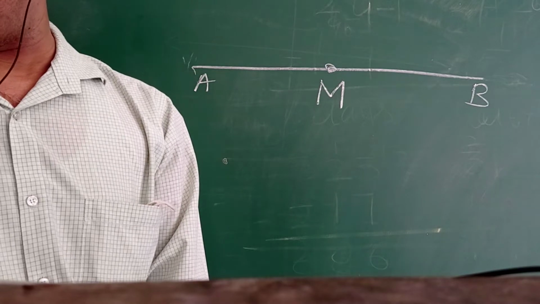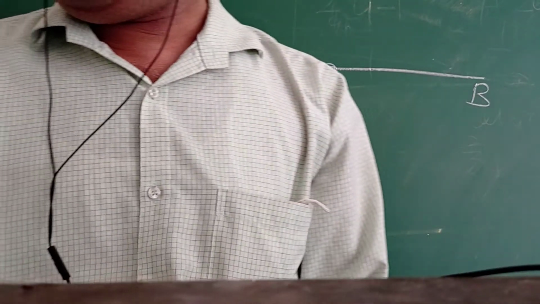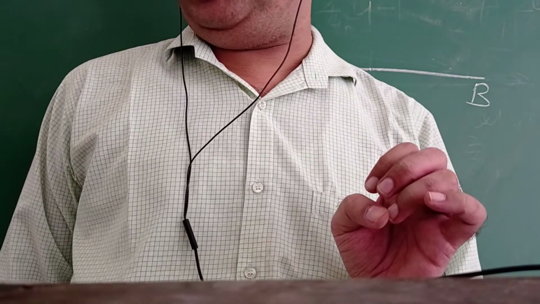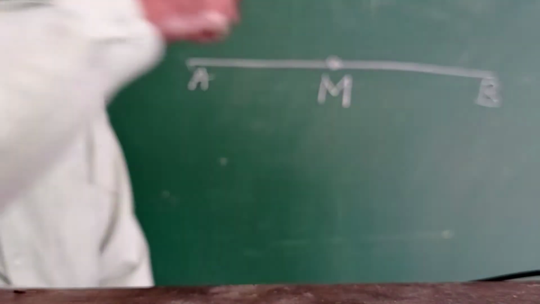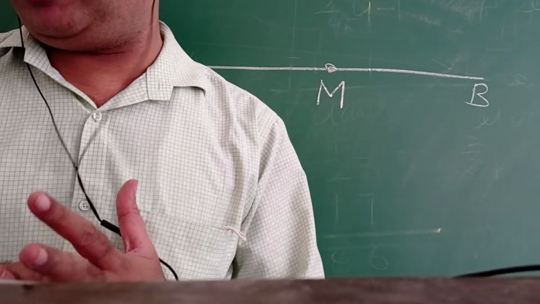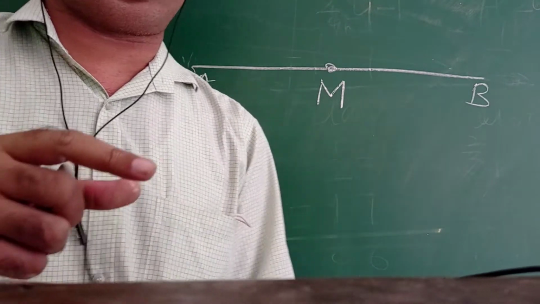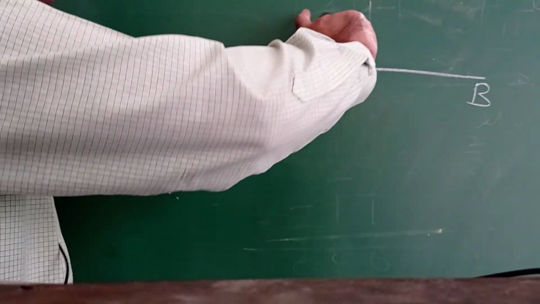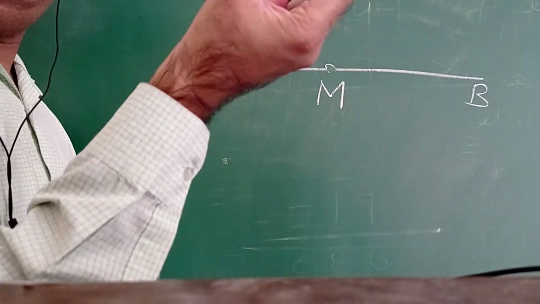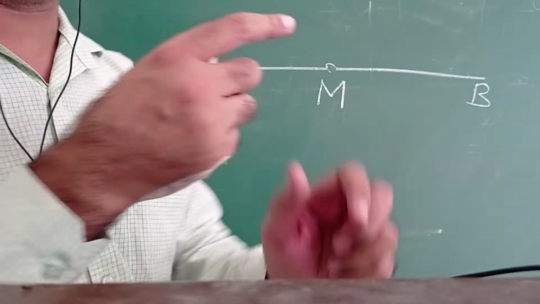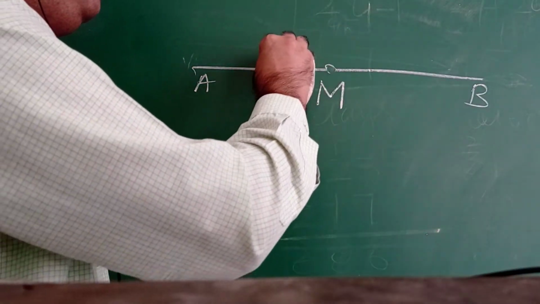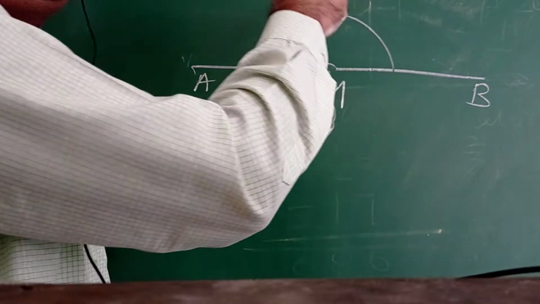How will you draw the perpendicular? Listen to me carefully. Take M as center and a convenient radius. It may be 1.5 centimeter, it may be 2 centimeter, and you will mark it just like that.